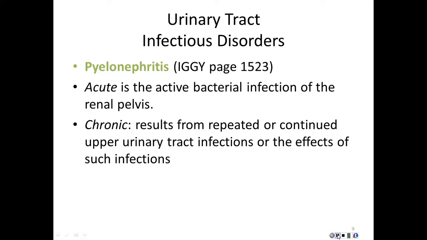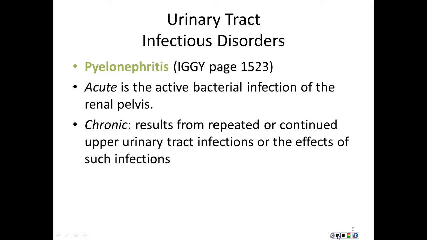Chronic pyelonephritis occurs with urinary tract defects, obstructions, or most commonly when the urine refluxes from the bladder back into the ureters. The vesicoureteral junction is the point in which the ureters join the bladder, and reflux is the reverse or upward flow of urine toward the renal pelvis and kidney.